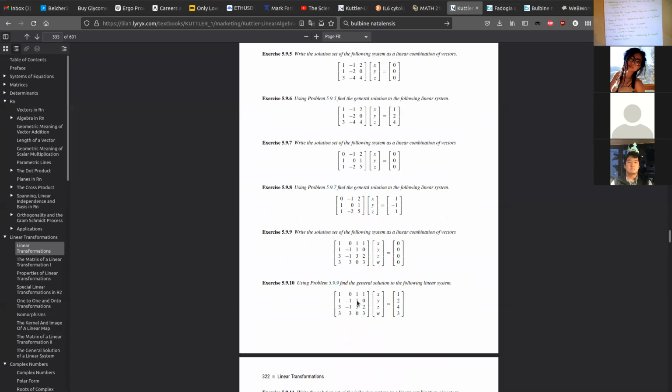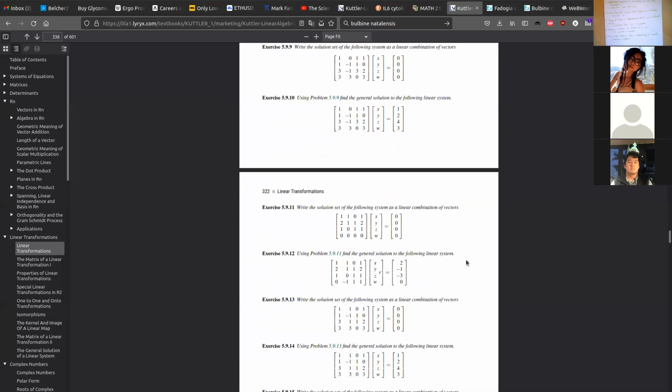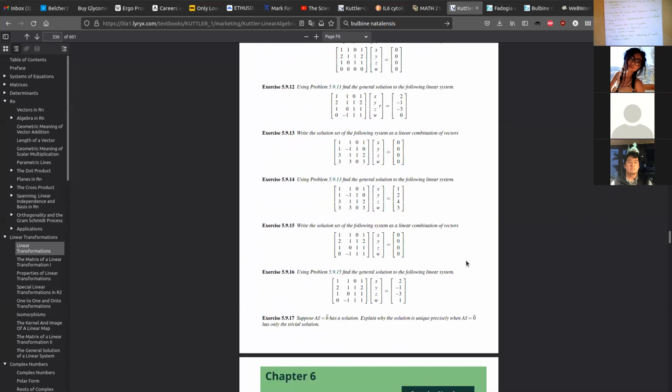All decent examples. This one, if you want to try it, go for it. I probably won't. I will for sure not give you guys a 4x4. I think that it'll just get too computationally intensive, and it's not going to illustrate whether or not you kind of know how to do it. That is the basis of this class, right? If you know how to do the problem solving methods, that's good enough.